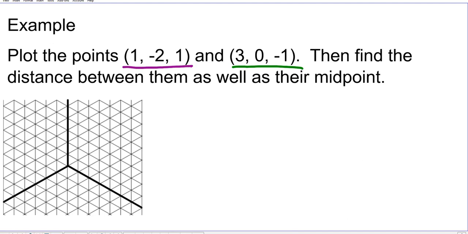All right, so this first one, we're going to go 1 on the x, and then -2, so now we're going backwards, and then up 1. So that's going to land me right there. The next one, 3, 0, -1, I'm going to go 3 on the x, then hold still, and then down 1, and it's going to take me there.